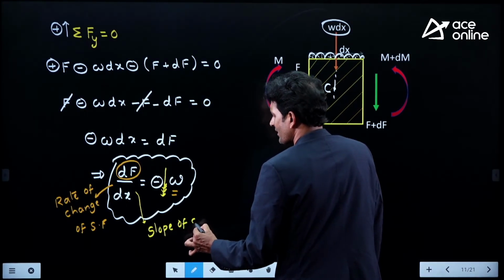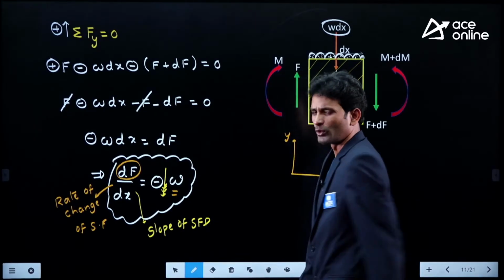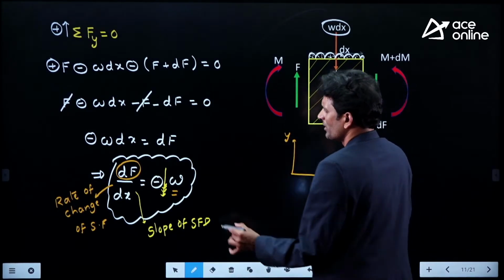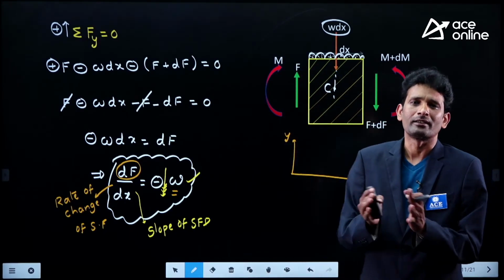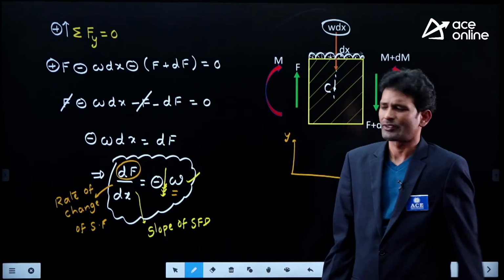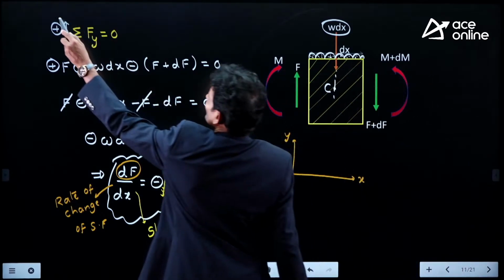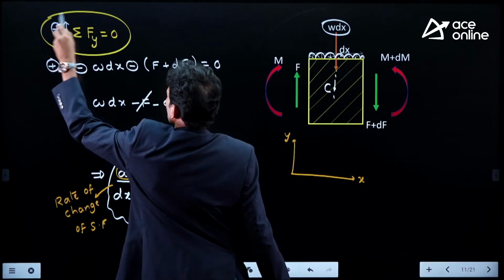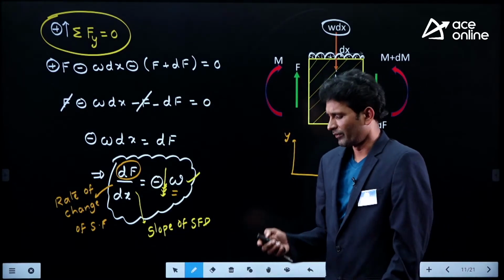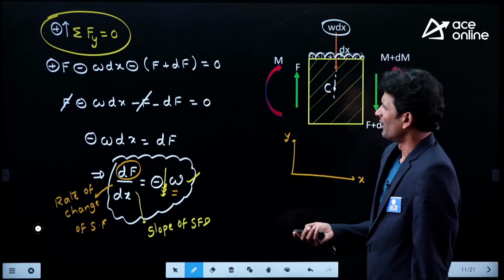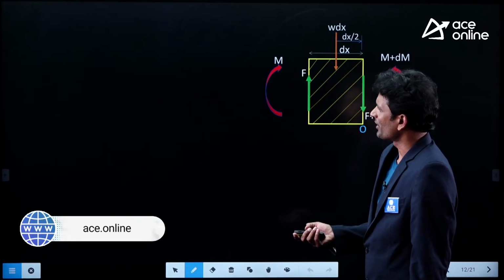The slope of the shear force diagram at a particular point should give the information about the rate of loading acting at that particular point or section. So by using the force equilibrium condition, we are observing the relation between the shear force and the rate of loading condition. Now let us use another equilibrium condition.